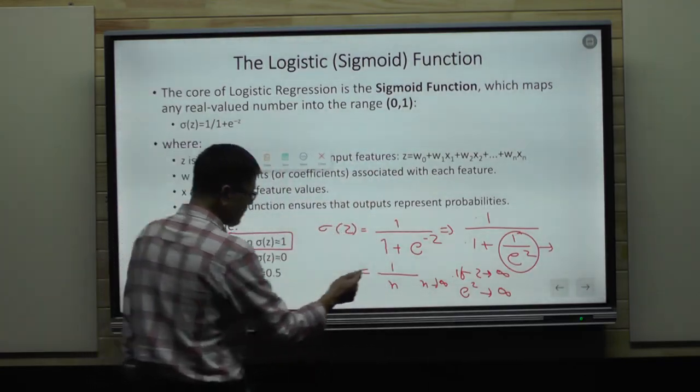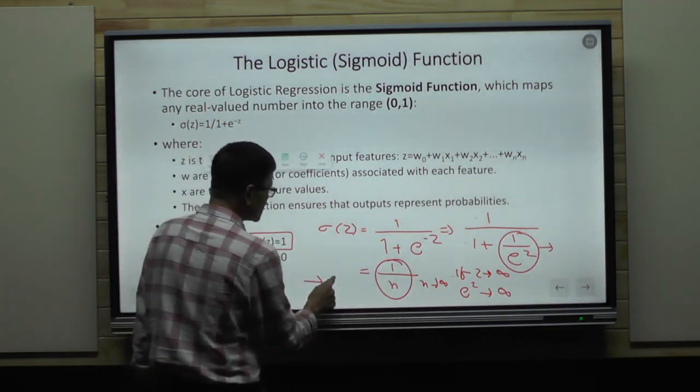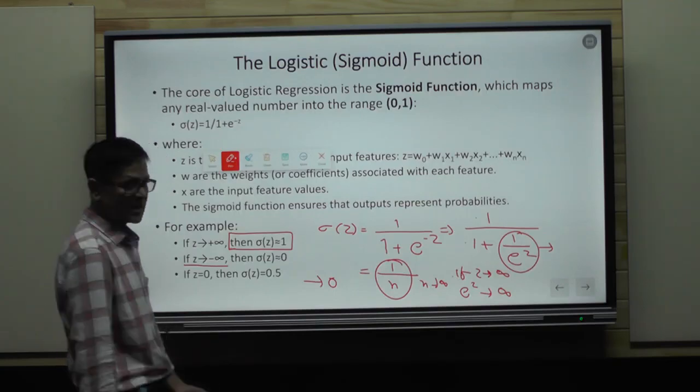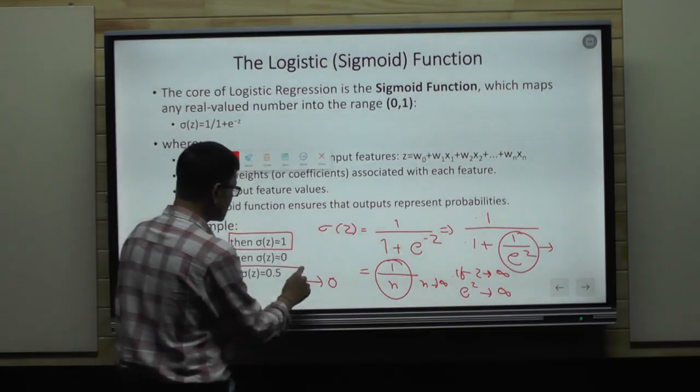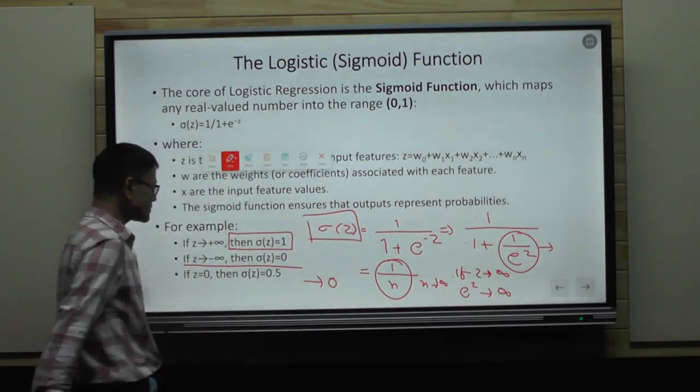This ratio will tend towards 0, which is obvious, simple maths. So then the output of rho of z is 0.